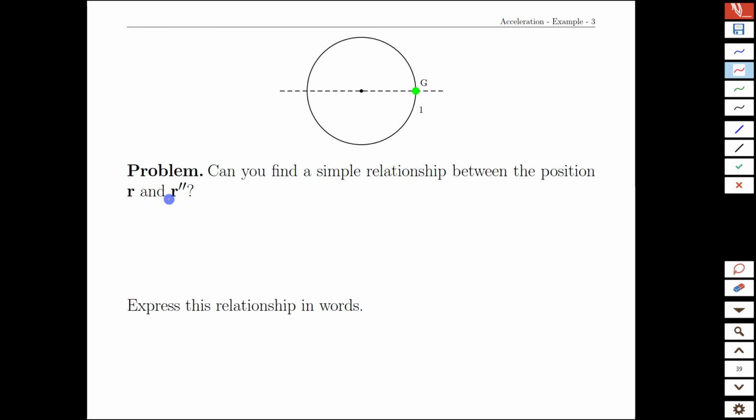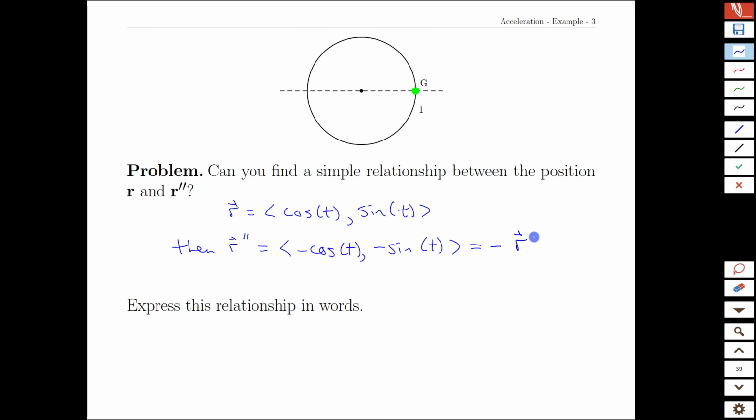In fact, there's a nice simple relationship there. If our position is defined by cos of t and sine of t, then we found earlier that r double prime was going to be negative cos of t, negative sine of t, and that is exactly the negative of the position vector.